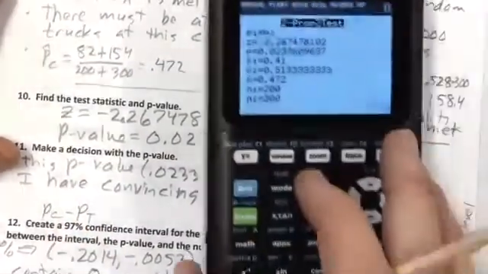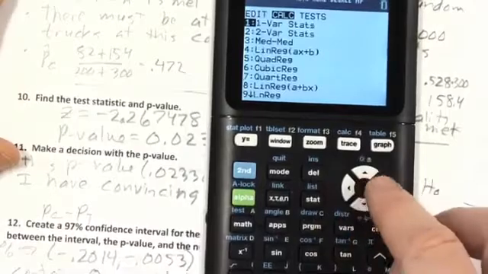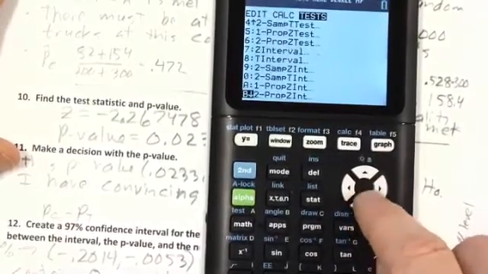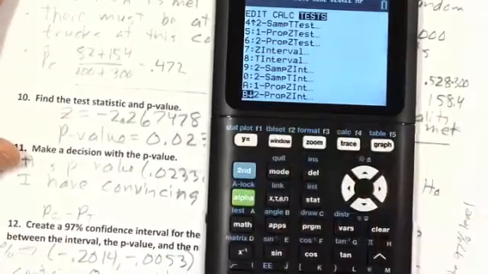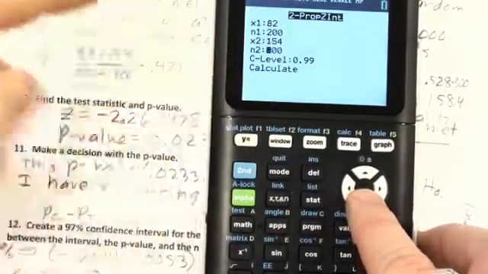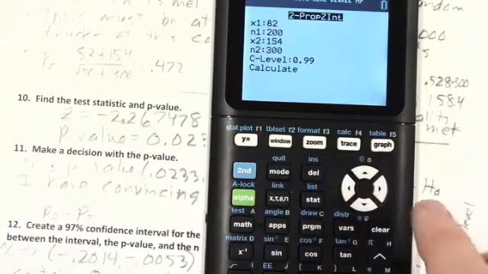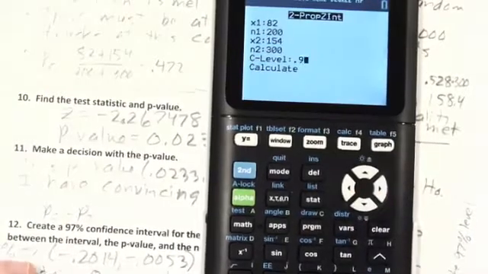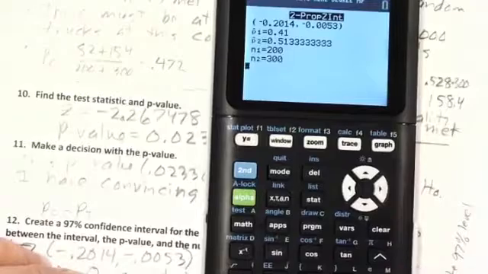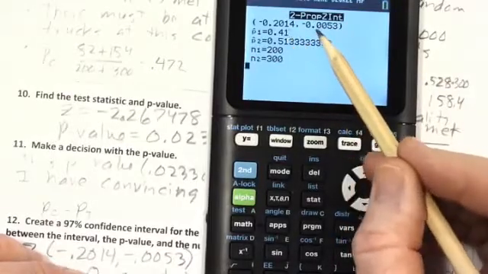What we'll do is stat, test, and go down to option B, which is what we did in chapter 8, 2 proportion z interval. Notice it automatically entered the values for me, and we want 97% confidence. 0.97 is what it asked for. We go calculate, and there's our interval.